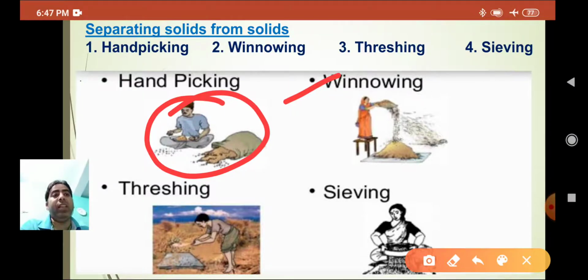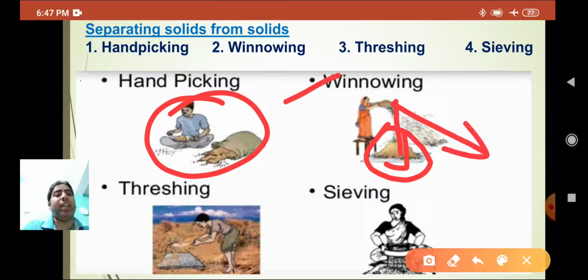You can see here the heavy grains are falling straight down and the lighter husk is moving to that side. This process is known as winnowing. The method of separating heavier and lighter components of a mixture by wind or blowing air is called winnowing.